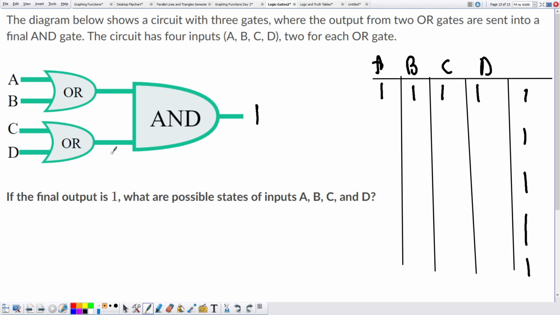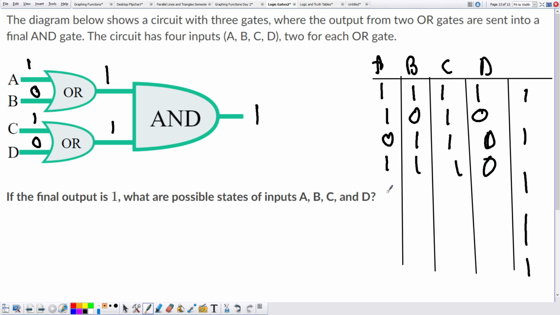So what our real goal is, we need both of these to be a 1. Well, what combinations of A, B, C, and D would get us there? Well, as long as we have a 1 on each of them, it'll work. So 1, 0, 1, 0, 0, 1, 1, 0, 1, 1, 1, 0, and so on and so on.